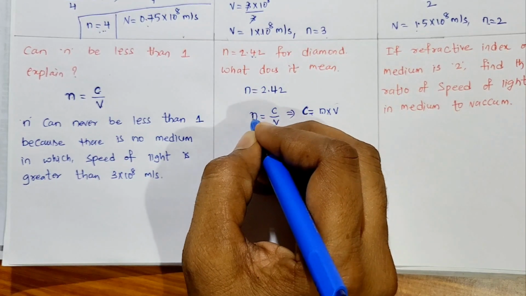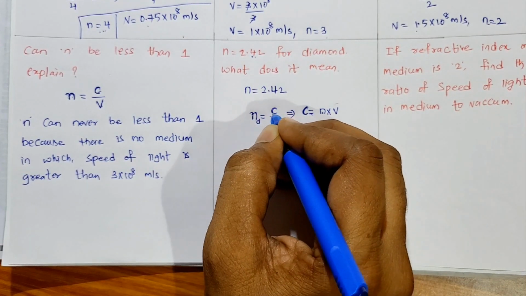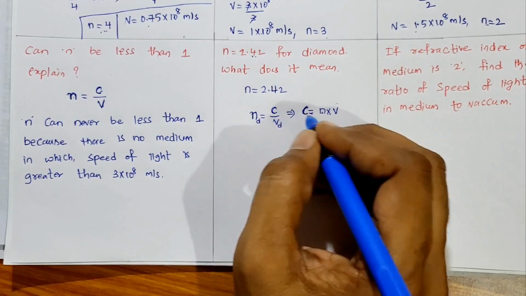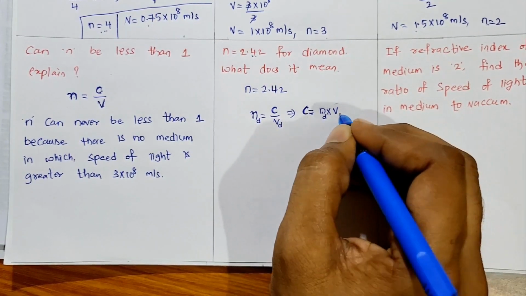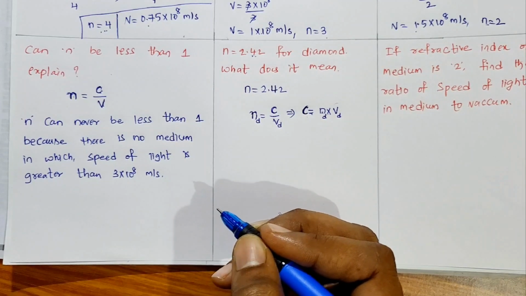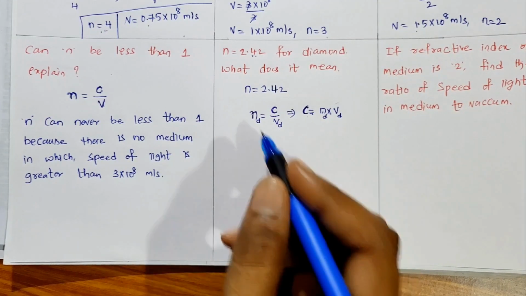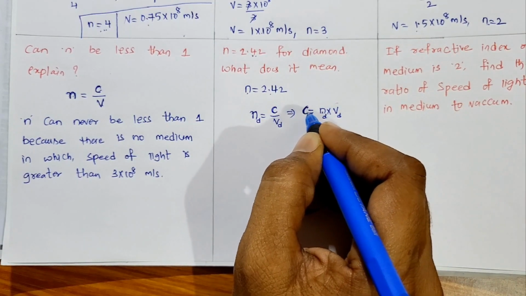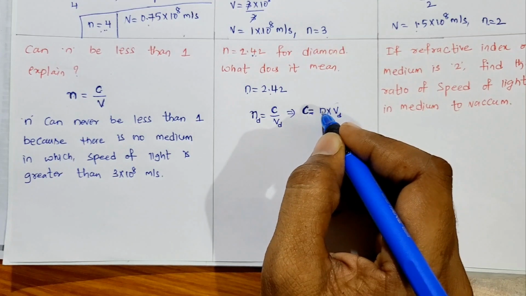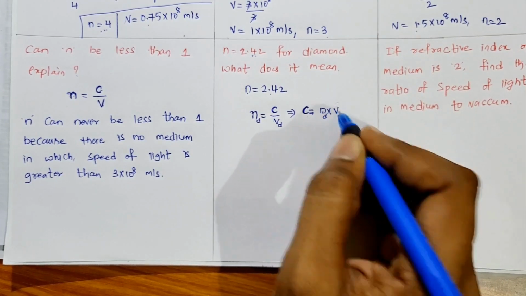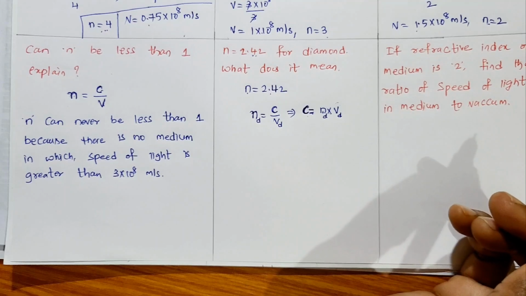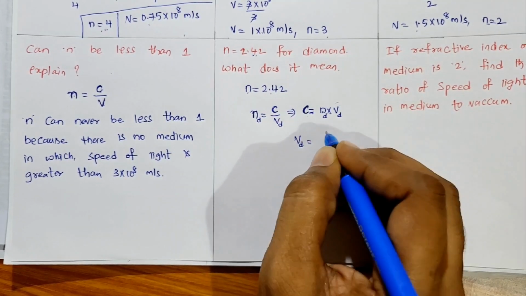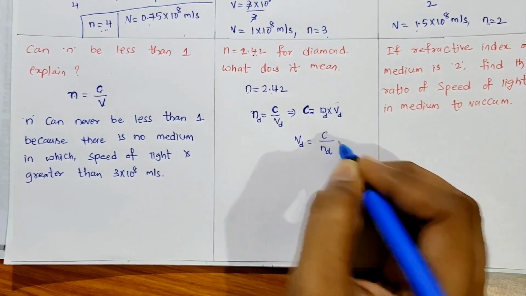See, this you understand. Refractive index of diamond is equal to speed of light in air or vacuum divided by speed of light in diamond. So C will be equal to refractive index of diamond into speed of light in diamond. Correct? Or else you can write it as Vd is equal to C divided by Nd.